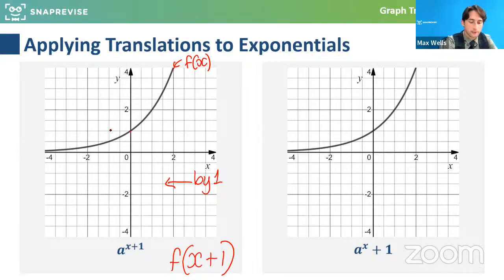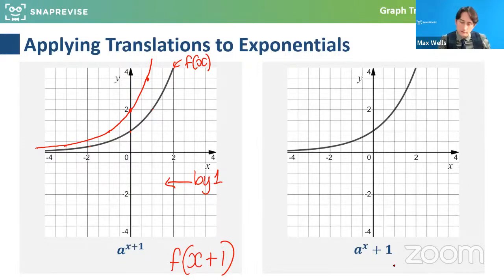And again, I'm just going to do it point by point. There we go. The individual points are just going to move across. So it's the same graph, basically just sort of slid to the left. So now it will go through here, and it will still have the same asymptote.